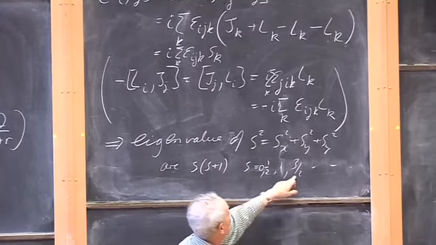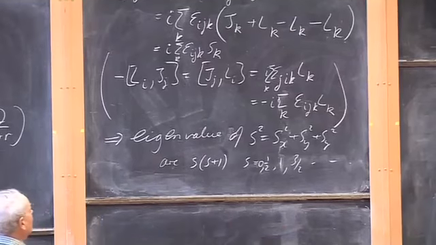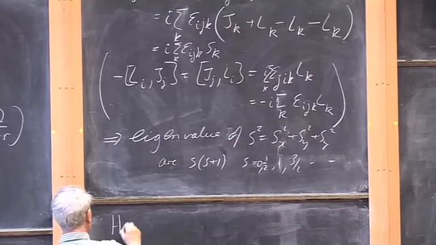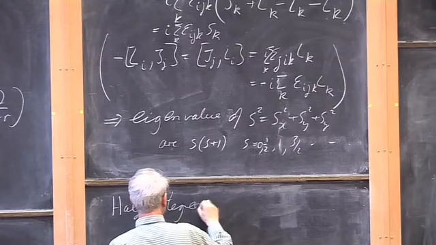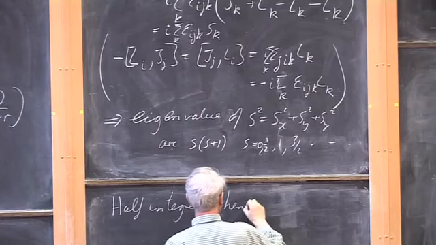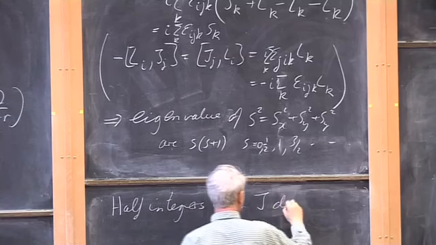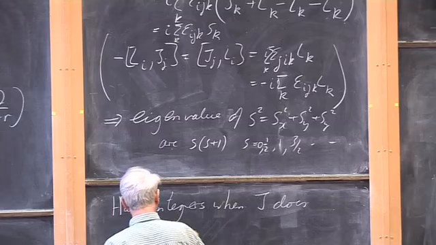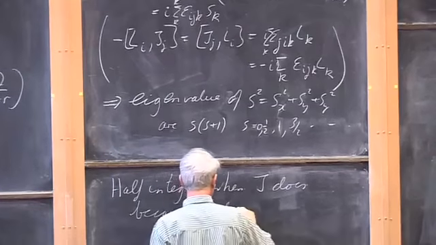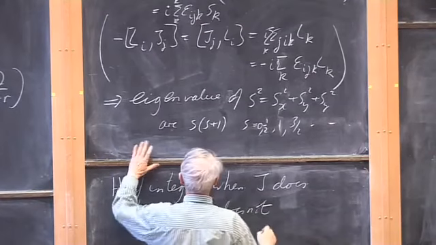Are the half integer values allowed? Answer: you will have a half integer when J does, because L does not. Why is that?